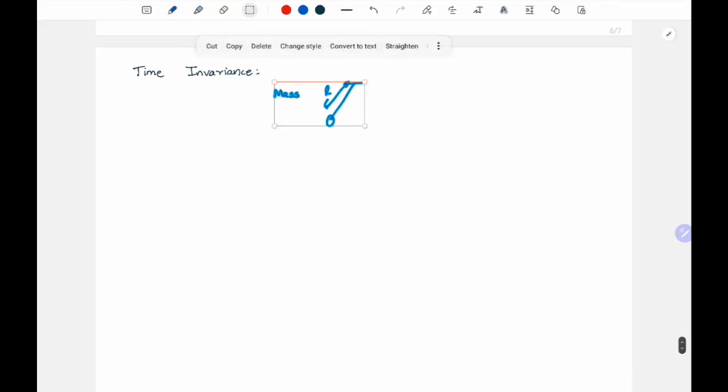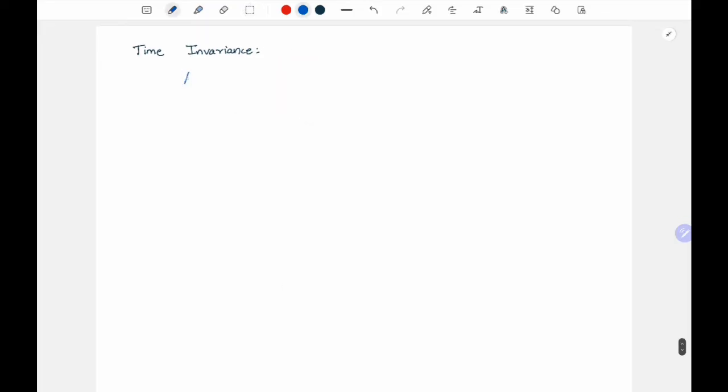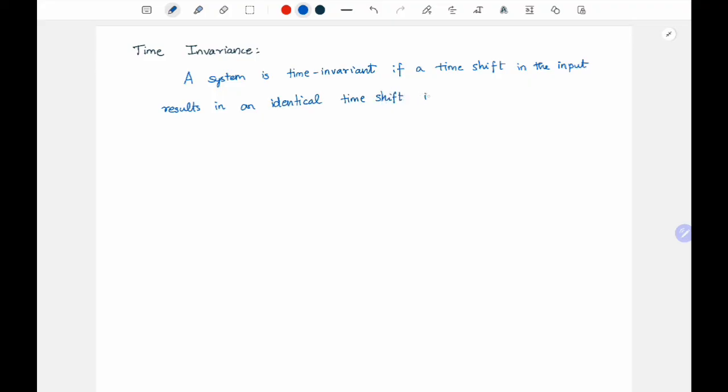So in our case, we say a system is time invariant if a time shift in the input results in an identical time shift in the output signal.